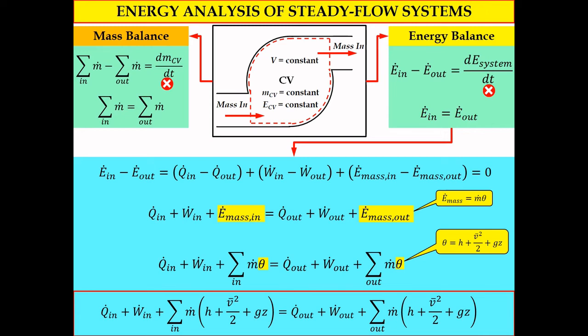With the steady flow process, we have Q dot in plus W dot in plus total E dot mass in, which is m dot multiplied by H plus V square divided by 2 plus gz for in, equal to Q dot out plus W dot out plus total out for m dot multiplied by H plus V square divided by 2, the term for kinetic energy, plus gz, the term for potential energy.